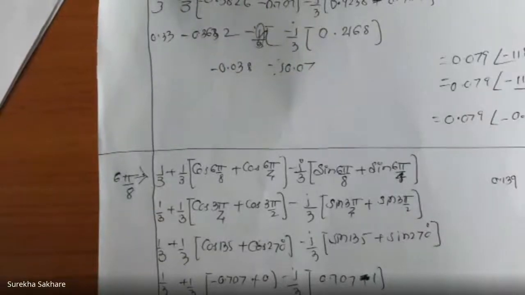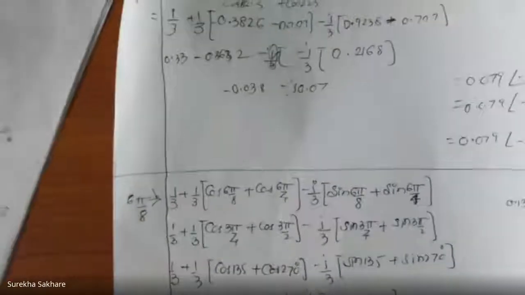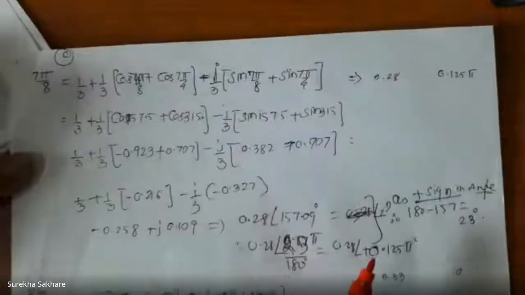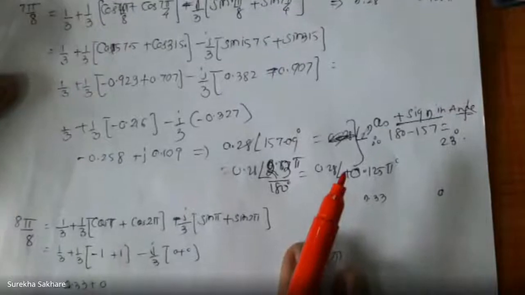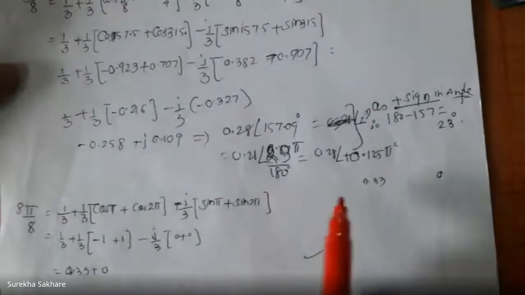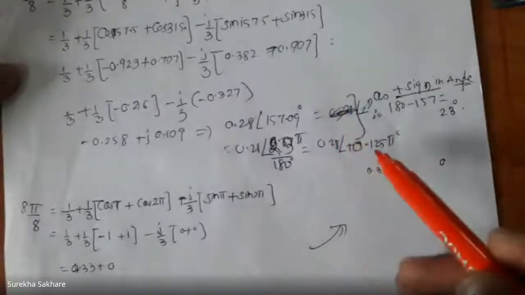Then let us see if we can go for the 7 pi by 8. We obtain for 7 pi by 8 as well. So you just see that we get some values we have calculated here. Then 8 pi by 8.